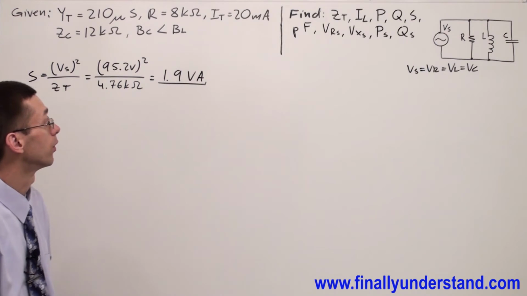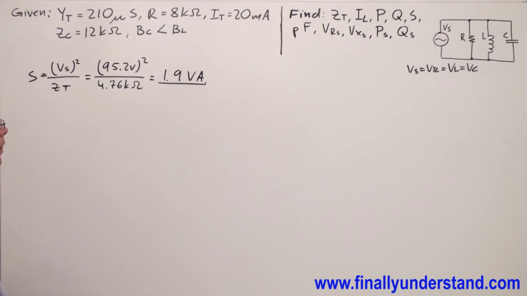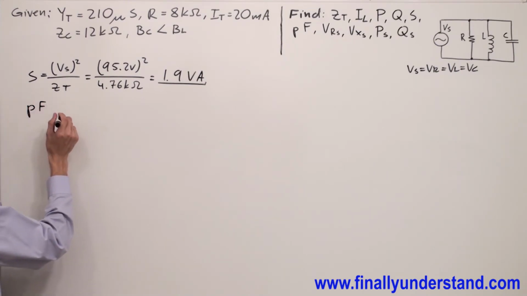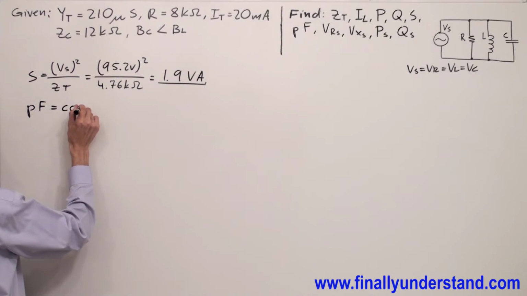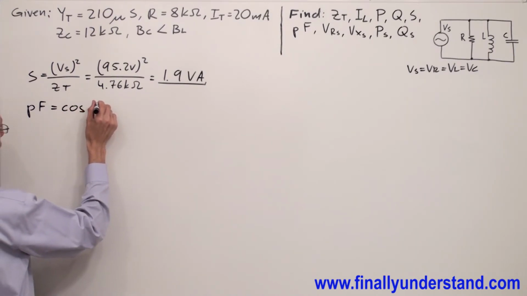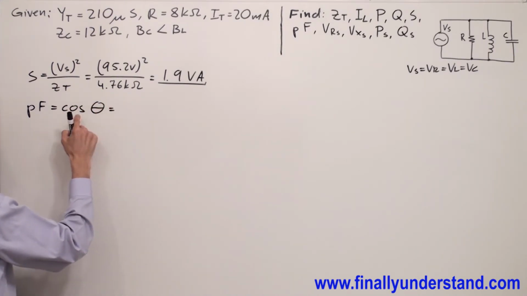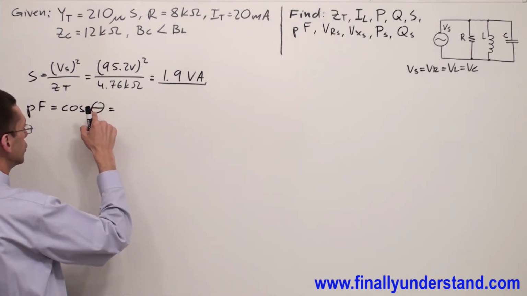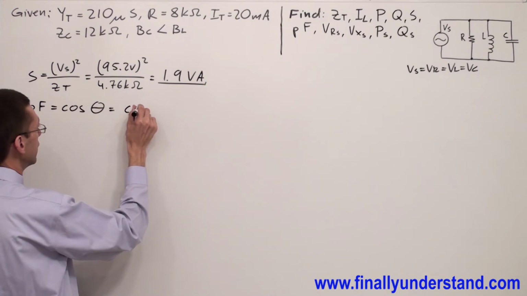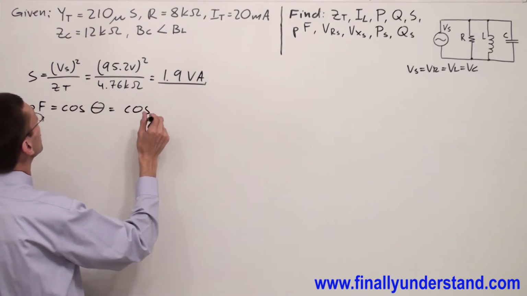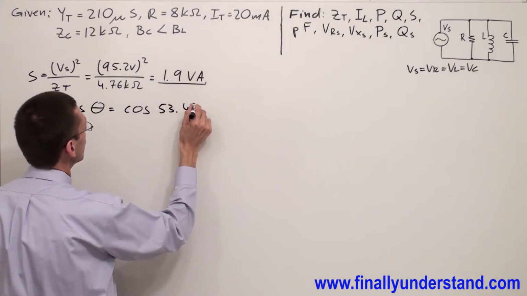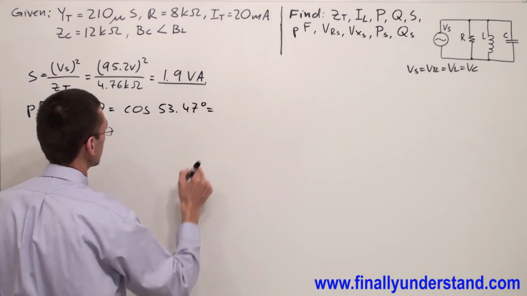Next, we are going to find the power factor. Power factor is equal to the cosine of angle theta. Okay, angle theta is the angle which is next to Z total. So I have cosine of angle 53.47 degrees.